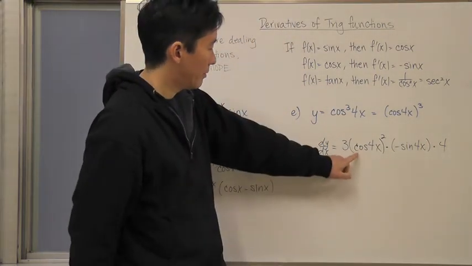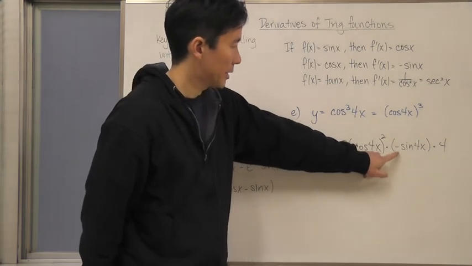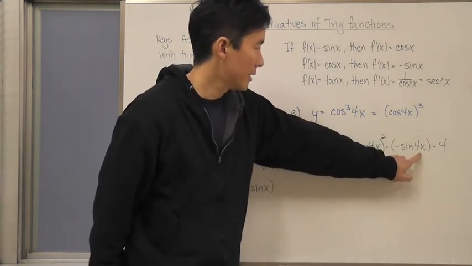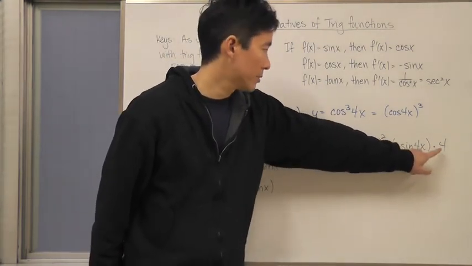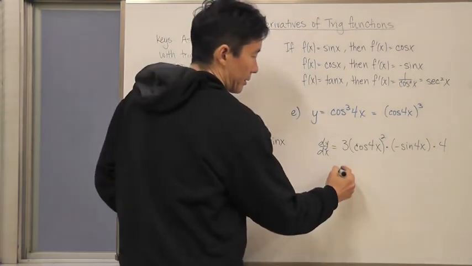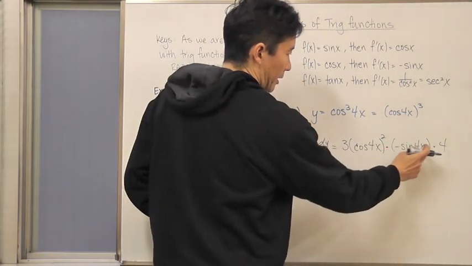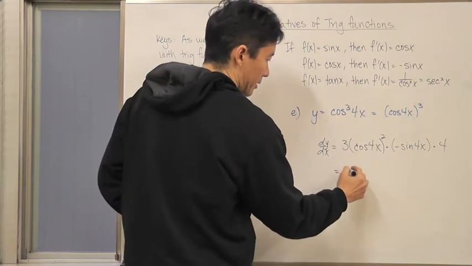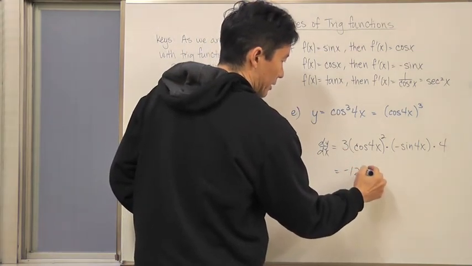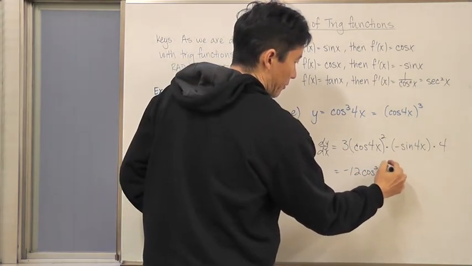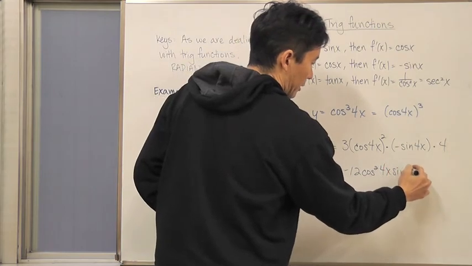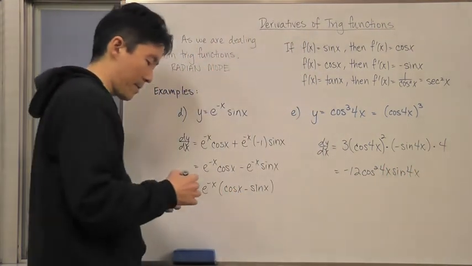Then we need to take the derivative of the cosine of 4x, which is the negative sine of 4x, then times the derivative of 4x, which is 4. So what we come out with then is a negative 4 times 3, so that's going to be negative 12, times the cosine squared of 4x sine of 4x. Okay, and there you go.